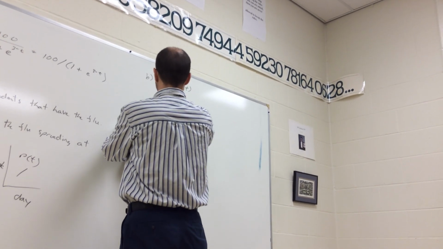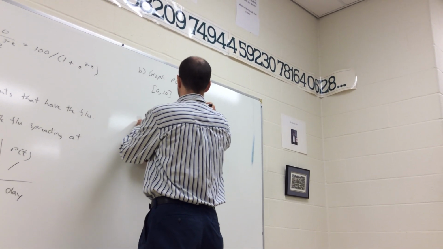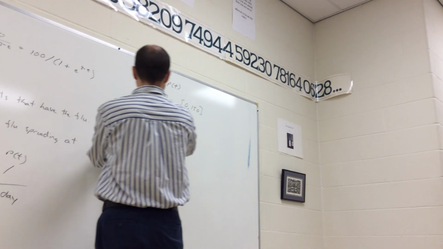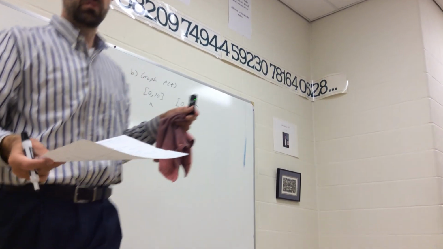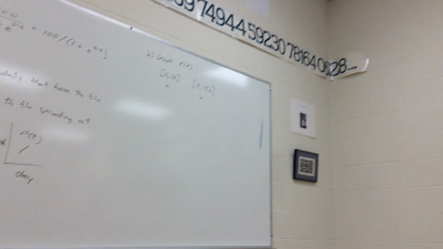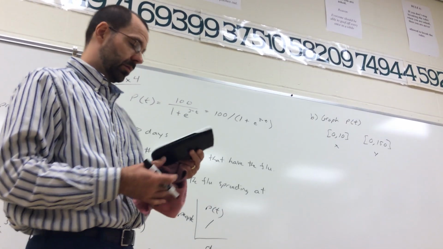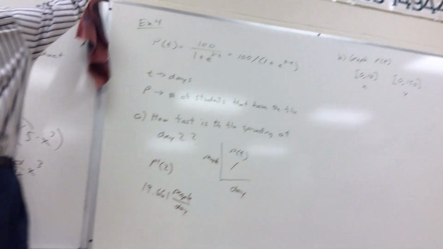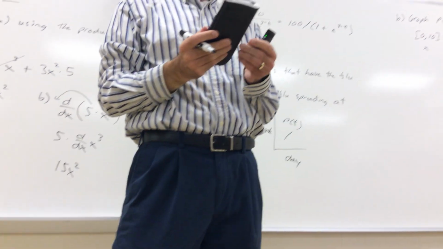The window is 0, 10, and 0, 150. So now we're going to our y equals button, and we're plugging in P of t.